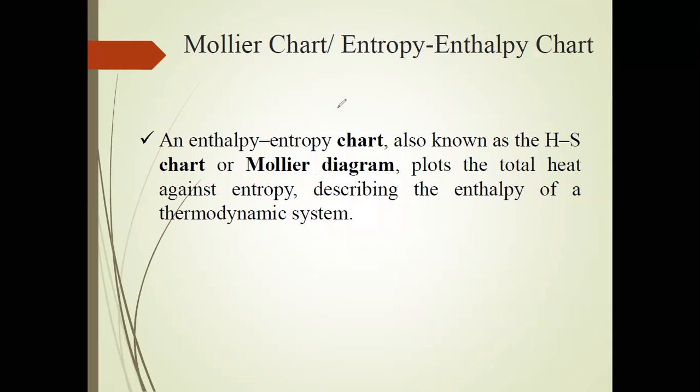Why? Because on the x-axis it is entropy and on the y-axis it is enthalpy. It is also named after the scientist Mollier. According to his name, this diagram is known as the Mollier diagram or Mollier chart.